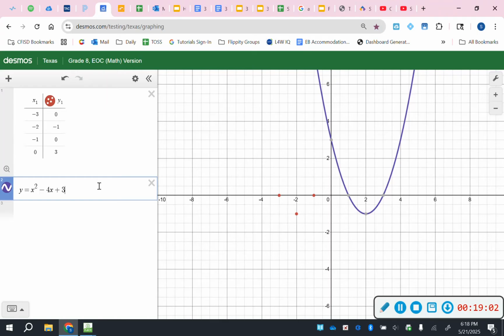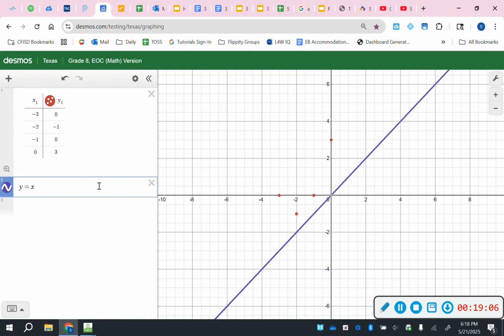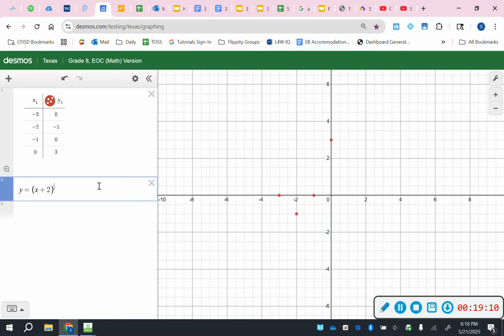No. So then I'll check B. B, we have x plus 2 squared minus 1. There we go. Look, that's going through all of my points on my graph. So B is good.